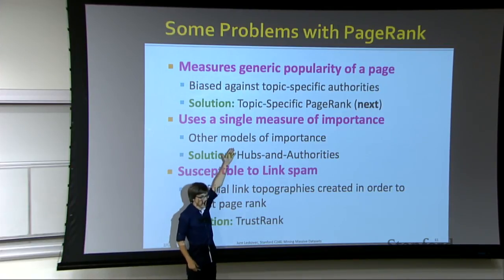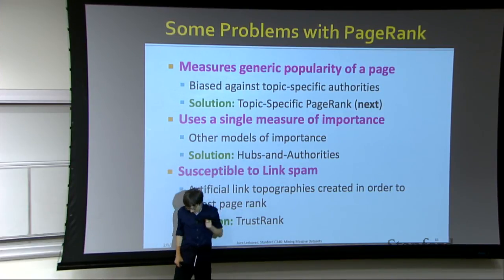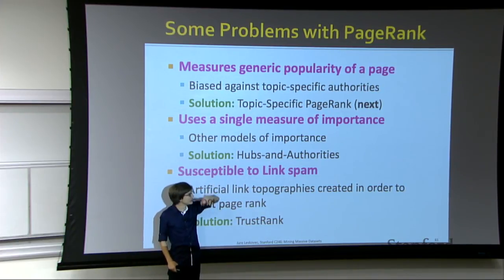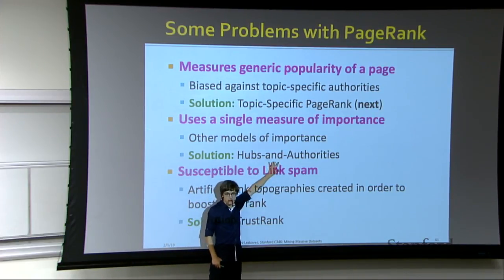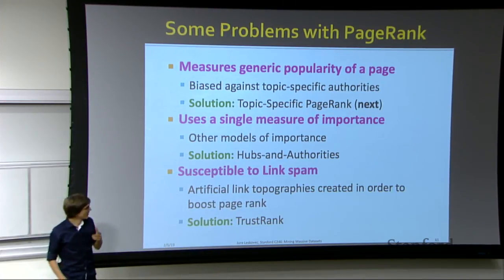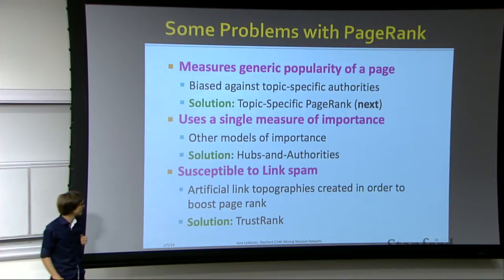There are other measures of web page importance that are not only PageRank, but are similar formulations. One of them is called hubs and authorities. Another one is called SALSA. These are two competing algorithms that were developed later.